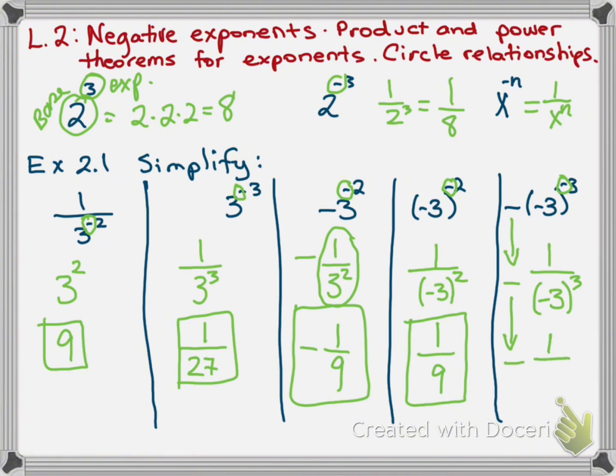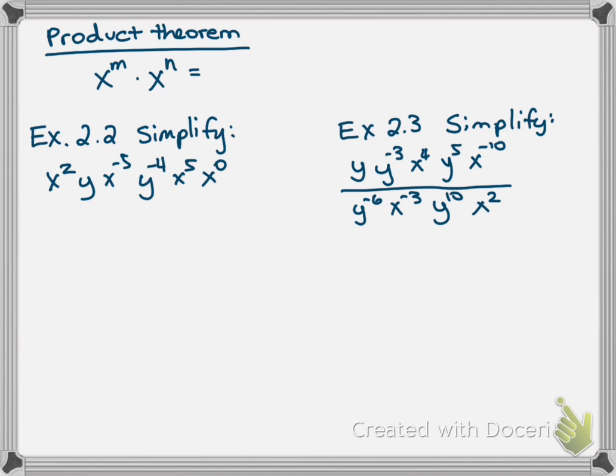And that's going to be negative 3 times negative 3 times negative 3, which is negative 27. And then I have to multiply negative times negative, positive 1/27. So notice how important it is to have those parentheses there because they totally change what the exercise or the answer will look like.